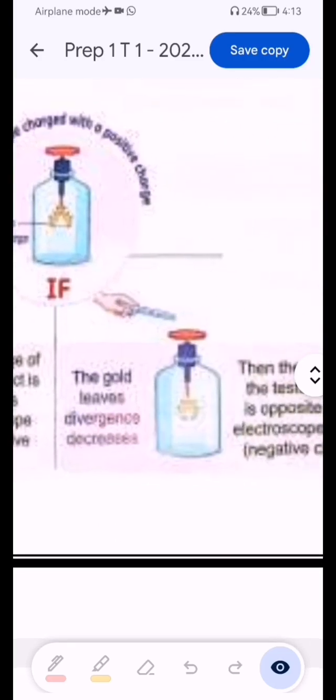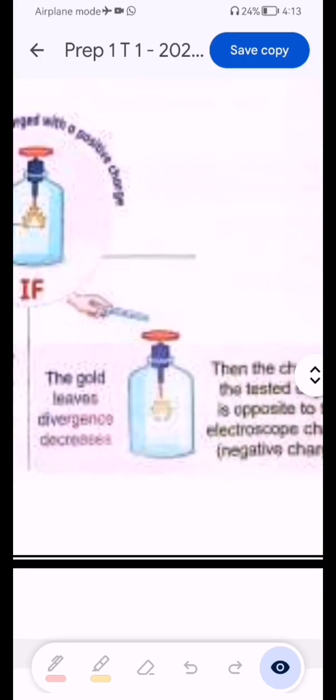In the second case, we put the tested object and we notice the divergence between the leaves decreases. What does that mean?